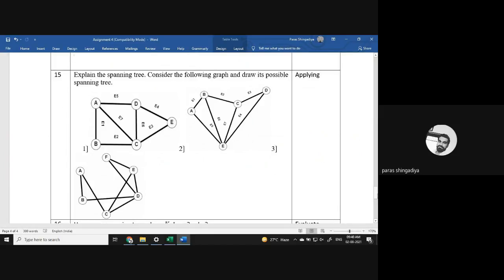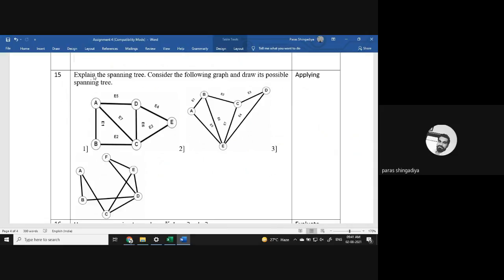Explain the spanning tree, and consider the following graphs and draw their possible spanning trees. First you have to write the definition of spanning tree in your book, and then draw all three graphs, and then check their circuit rank. Then draw one or two spanning trees.